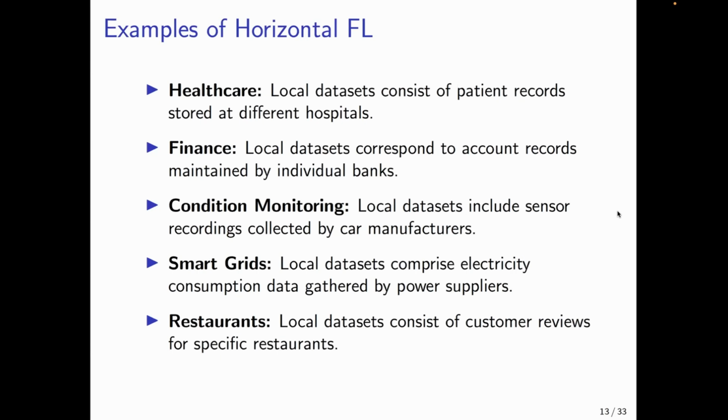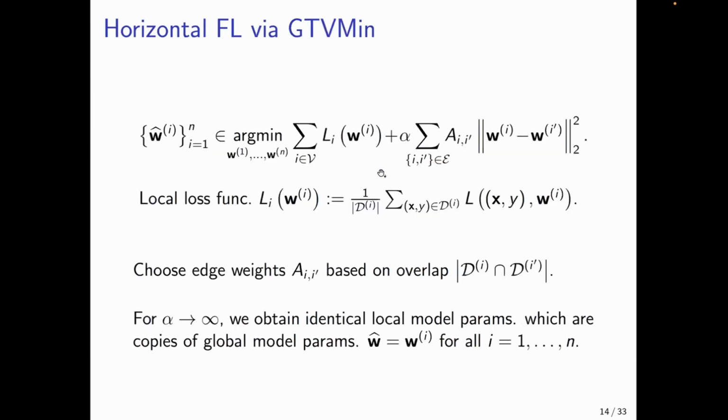Another question: is there a way to measure how much two data sets are similar, the amount of overlap, in a privacy-preserving fashion? Very good point. I don't know actually how to compute the overlap between two hospitals in the most privacy-friendly way.